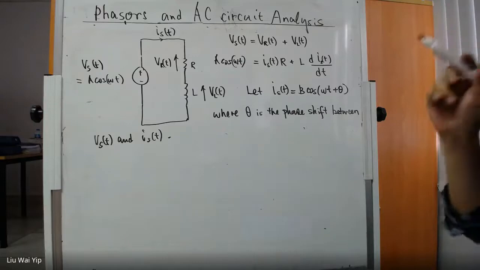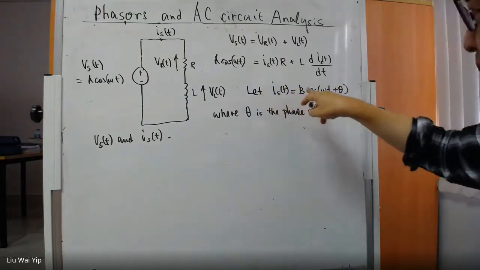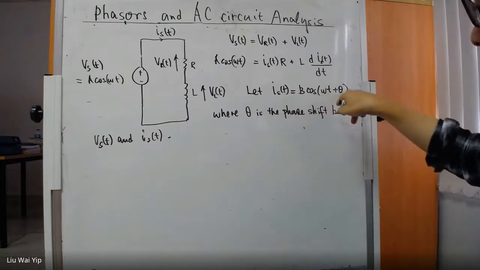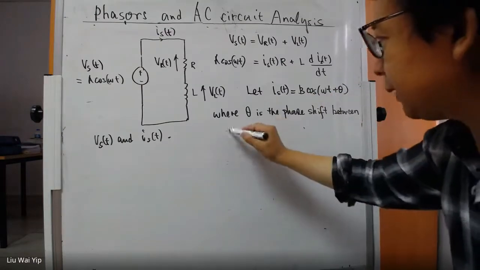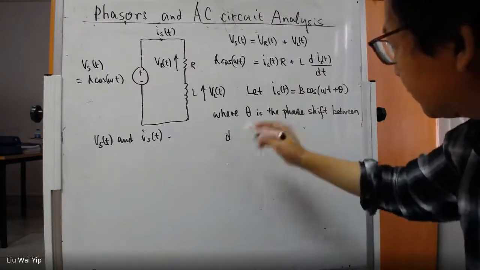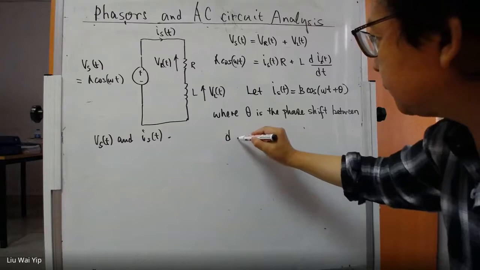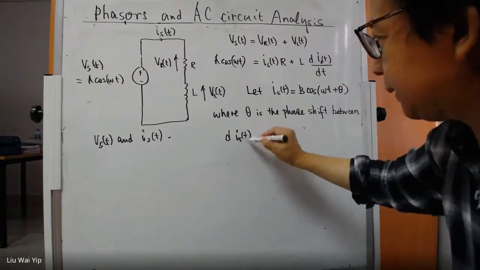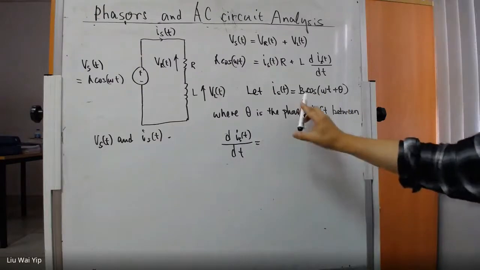Now, if you have shown Is to be B cos omega t plus theta, then you have to find the differentiation because subsequently you need to deal with this. D Is of t is going to be this one, right?